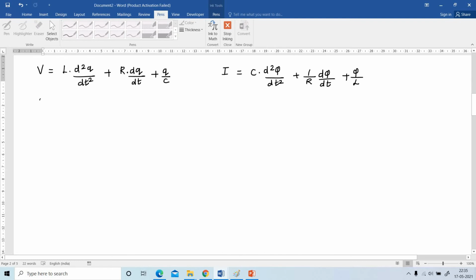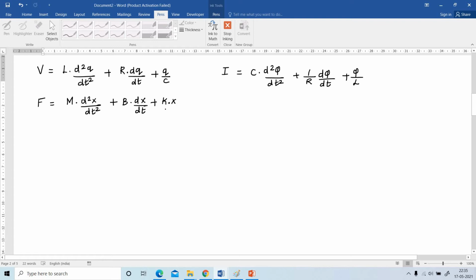First I am going to write the force equation for the mechanical translational system: F is equal to m into d square x by dt square plus b into dx by dt plus k into x. Here m is the mass, b is the dashpot element, that is for friction, and k is the spring element, mainly for displacement.